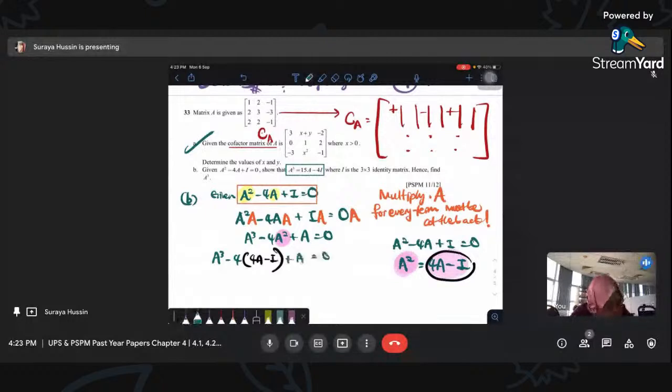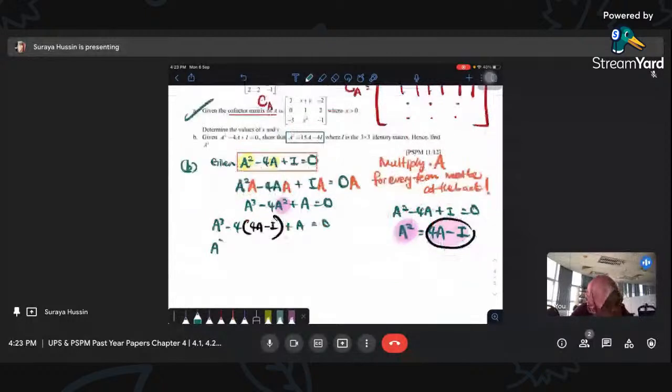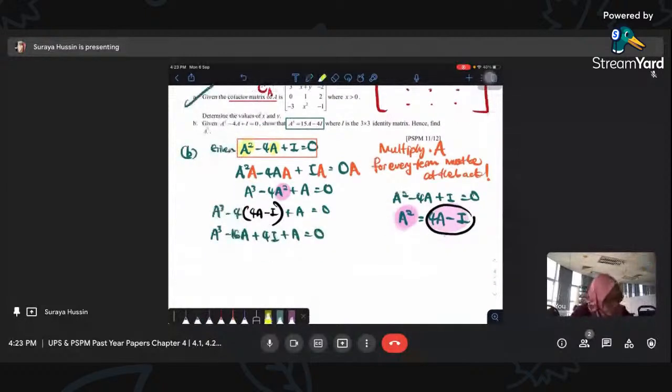So A cube minus 16A plus 4I plus A is equals to 0. Jangan takut. Ini boleh selesai. Negative 16A plus A is equals to negative 15A.